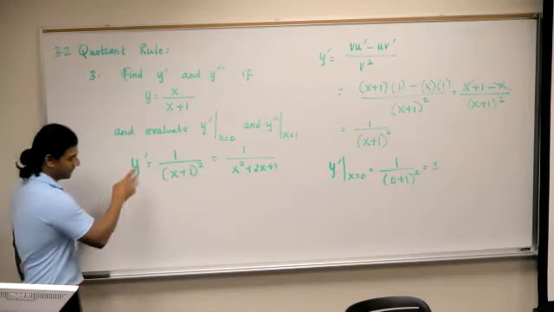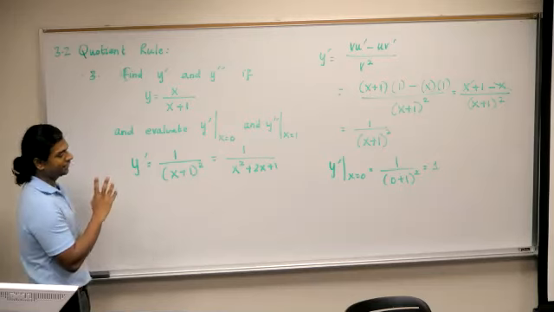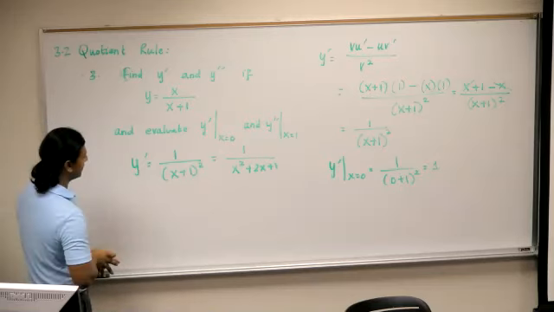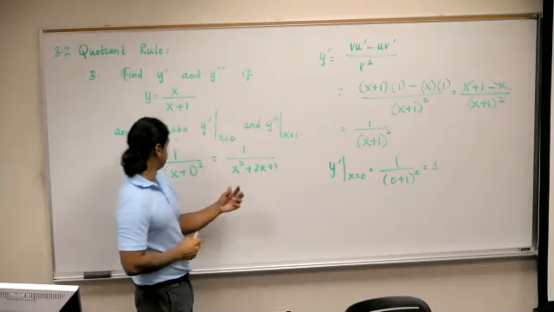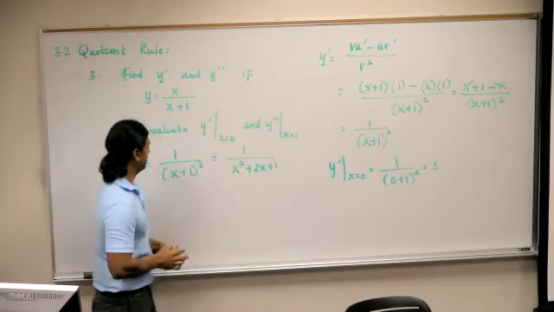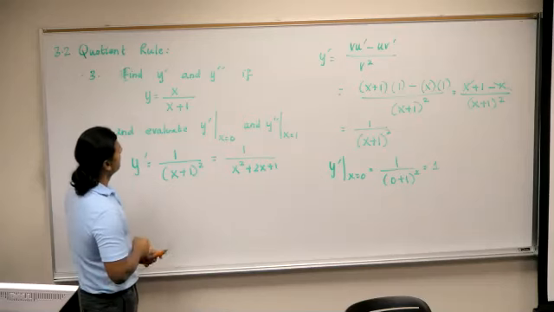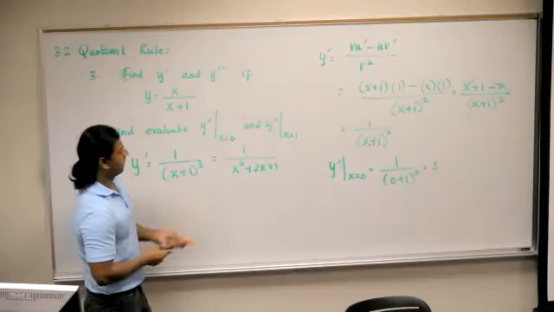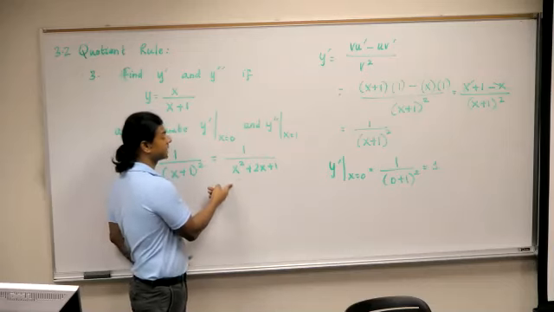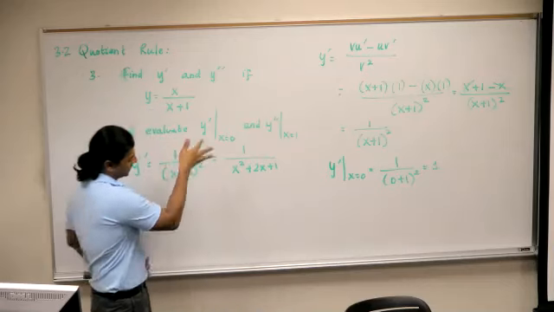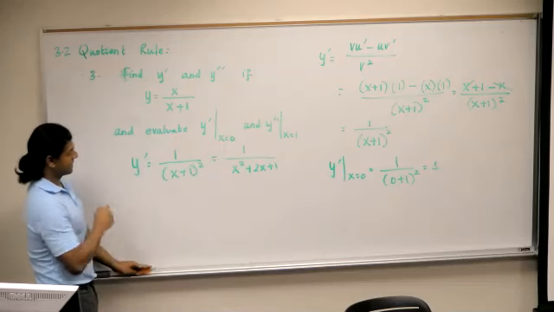But this problem can be done using chain rule in a matter of a few seconds. But I am going to use quotient rule because we haven't gone over chain rule. So all you have to do is set u equals 1, x squared plus 2x plus 1 as v, and see what the second derivative is.